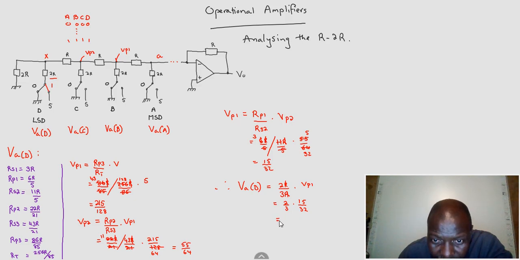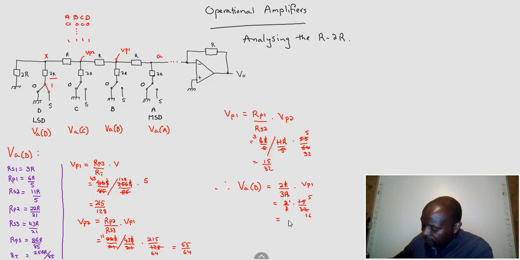Now this is going to be 3 there is 1, 3 there is 5. Then 2 there is 1, 2 there is 16. So our answer is 5 divided by 16, and our answer is 0.3125.